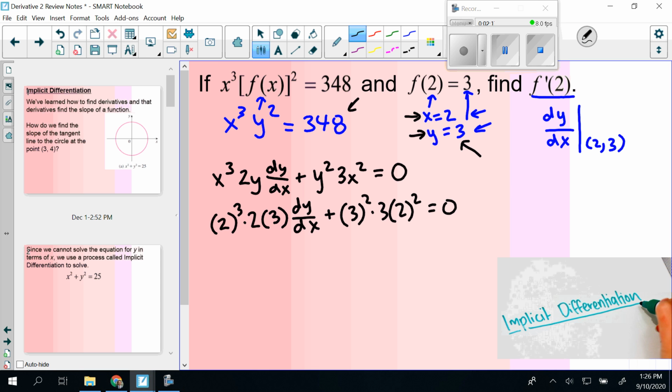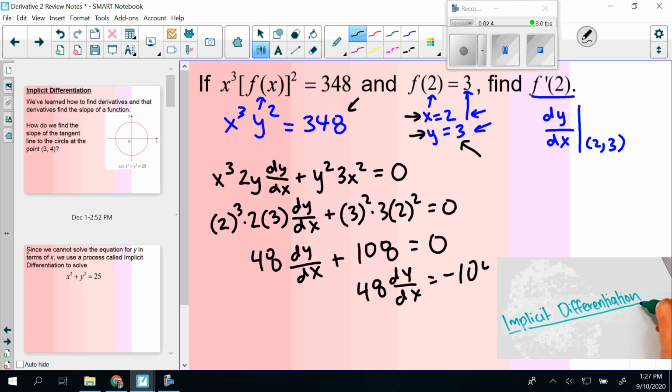Let's do some multiplying. 2 cubed is 8 times 2 is 16 times 3 would be 48 times dy dx. 3 squared is 9 times 3 is 27 times 2 squared or 4 would be 108. Now let's subtract the 108 and divide by 48, and that tells us that our derivative dy dx is negative 108 over 48.